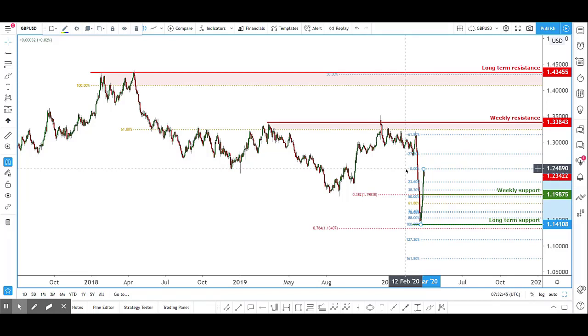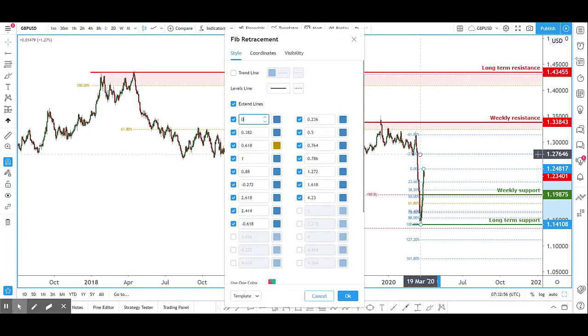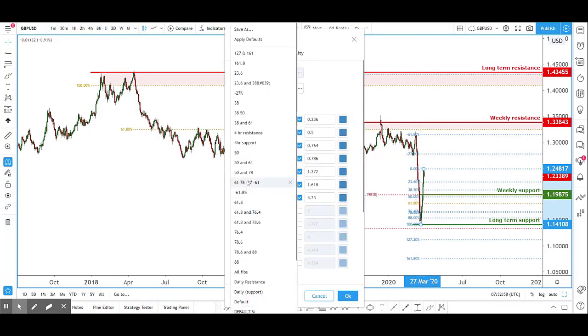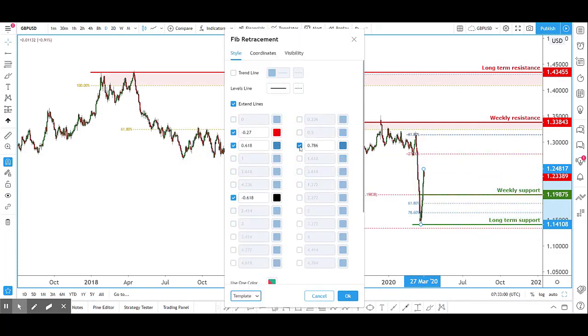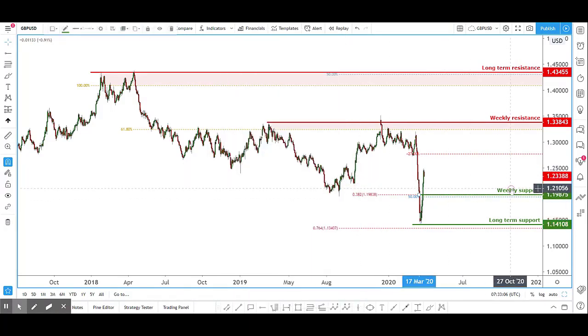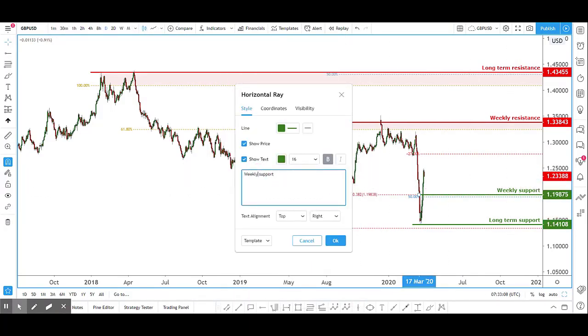And we see that the weekly 38.2 extension is also in line with the 50, so we can keep that level. And this graphical level here, 27.20, we can also keep that level. Right, so let me just put that down. So this weekly support can also be the daily support.